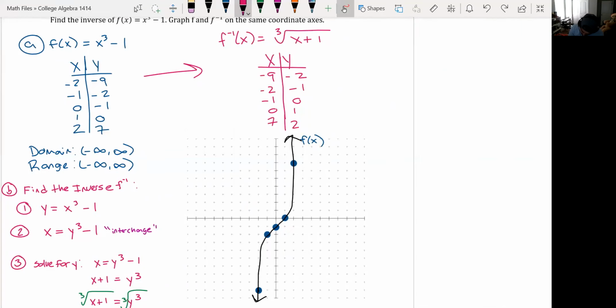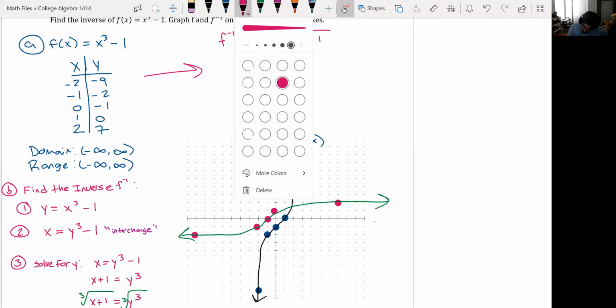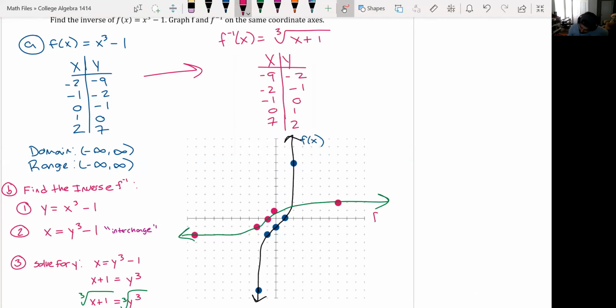So -9, -2 there, -2, -1 there, -1, 0, 0, 1, and 7, 2 (1, 2, 3, 4, 5, 6, 7, 2). And there is f inverse of x. Okay.